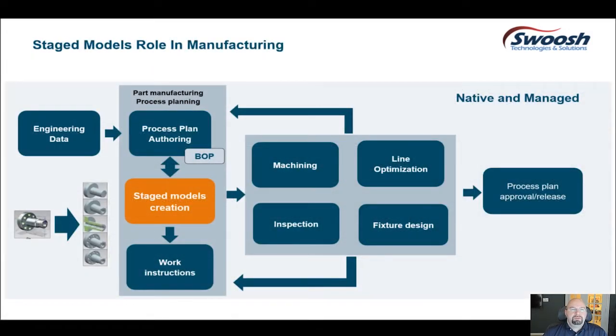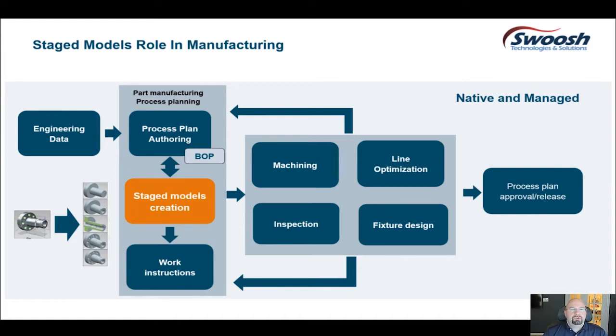Quick overview of the stage model's role in manufacturing. Where does stage modeling and this process live inside the manufacturing process or the design process? If you look at the diagram here, you can see the stage model creation process highlighted in orange there. When you create these different stages, these staged models or different stages of manufacturing can be utilized for process planning, setting up and building work instructions.